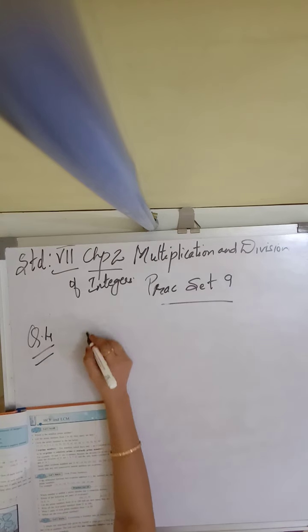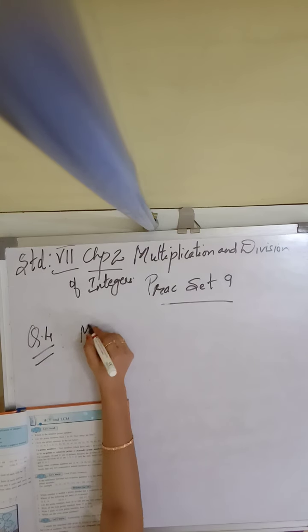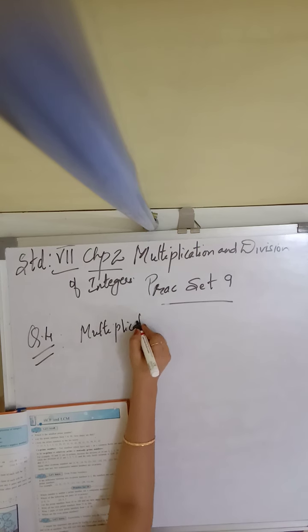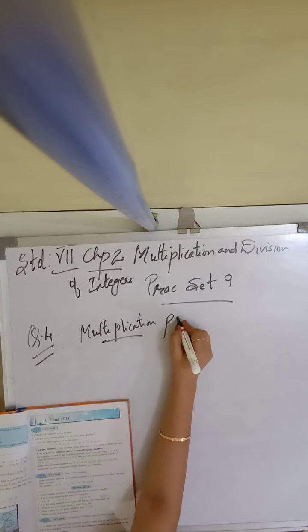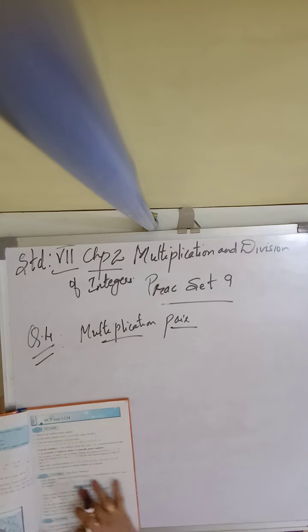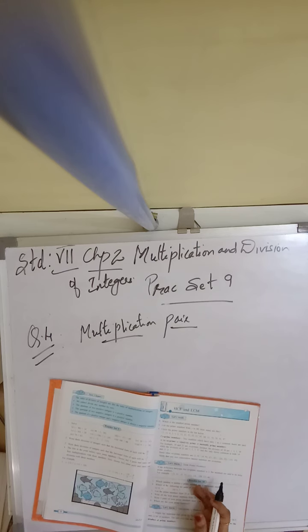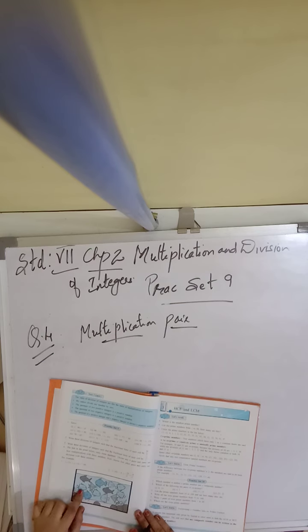Clear children? So suppose, fourth question, now I am framing the first multiplication pair. Any number you can go for. Say, for example, minus 8 into 9 or minus 13 into 9. Any pair you can go ahead with. Or else you can go for 12 into minus 15, anything. Now plus 12 and then we have minus 15.